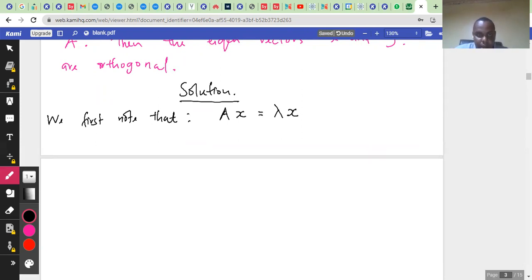And also, A multiplied by the eigenvector y is equal to alpha multiplied by the eigenvector y.